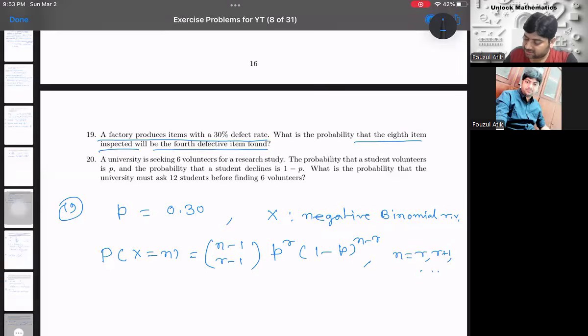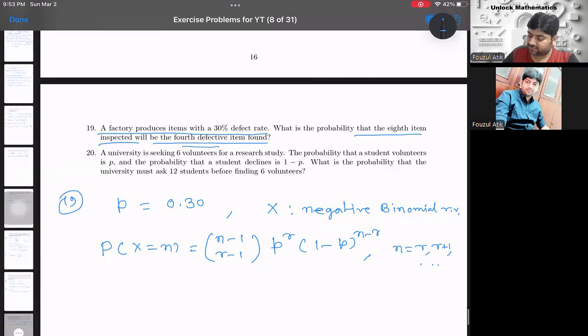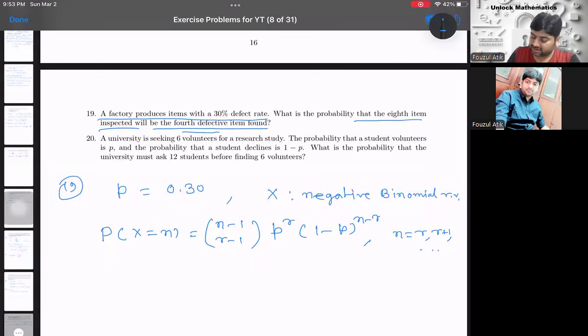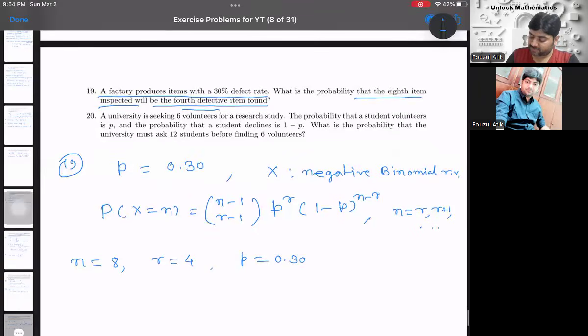Now the question says the eighth item inspected is the fourth defective item. So here n is equal to 8, and r is equal to 4, and p is equal to 0.30. So put them in the formula, you will get the answer.